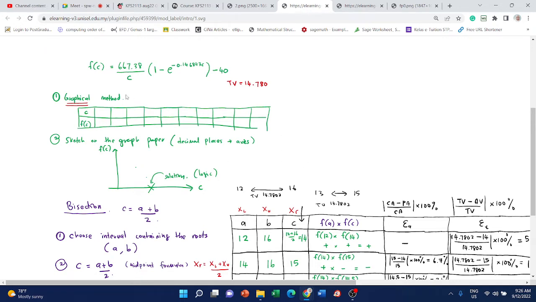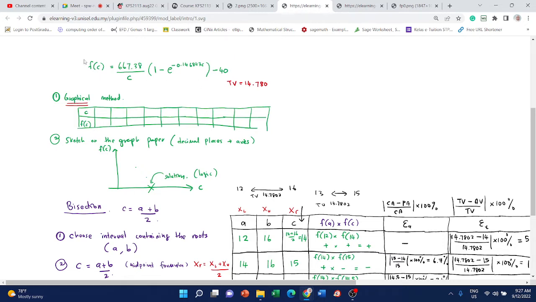The graphical method is similar to the one that I explained last week. We develop the table. Choose suitable values for your input, then compute your outputs, and then you must plot the points on your graph. Then check where the intersection is at your input, and that is one of the solutions.